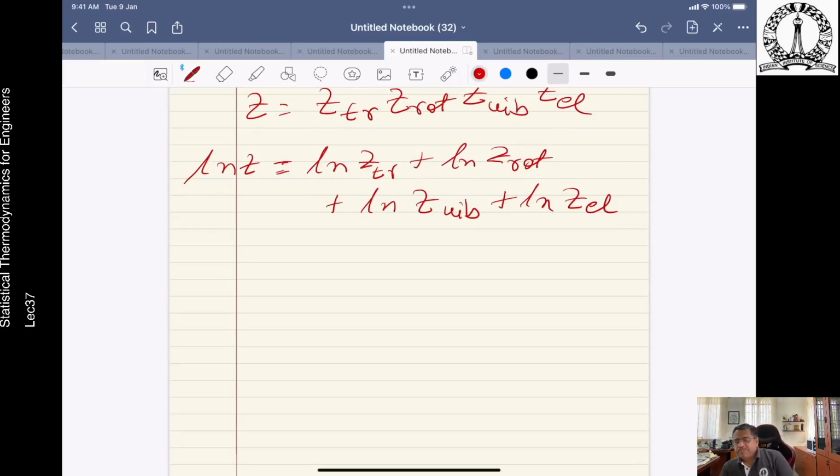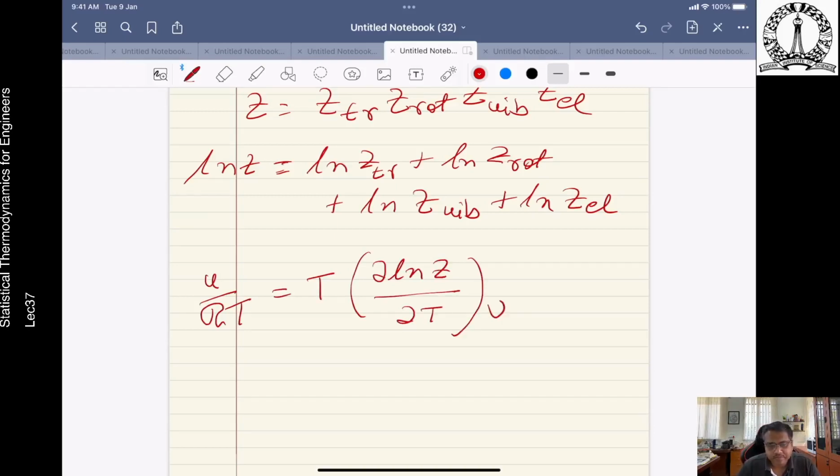All thermodynamic properties in the dilute limit can be expressed in terms of ln Z, as we have seen already. This implies that such properties are also additive for the available energy modes. If you recall, this is the internal energy part.